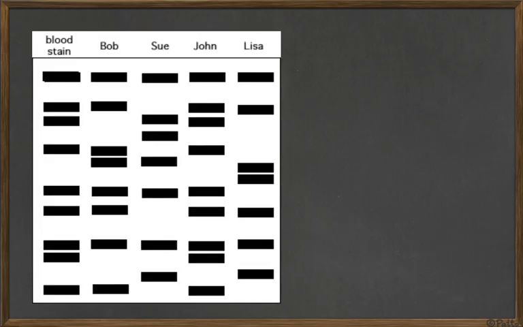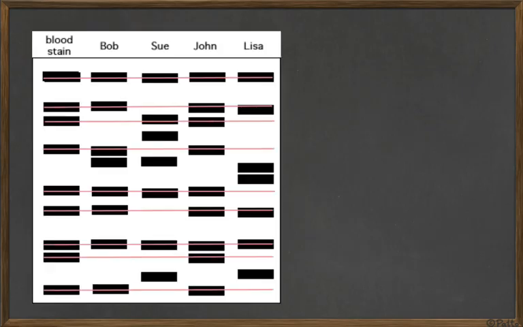Okay. Another example here, a blood stain from a certain place. It could be a crime scene, and we can see that all of the material on the bloodstain matches with John.